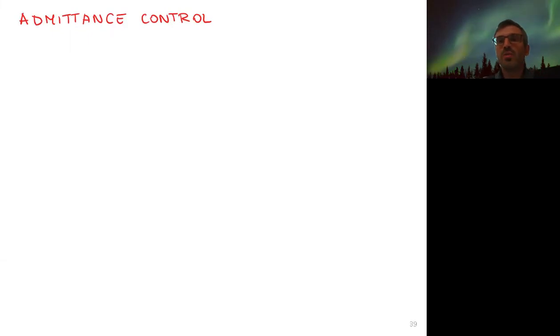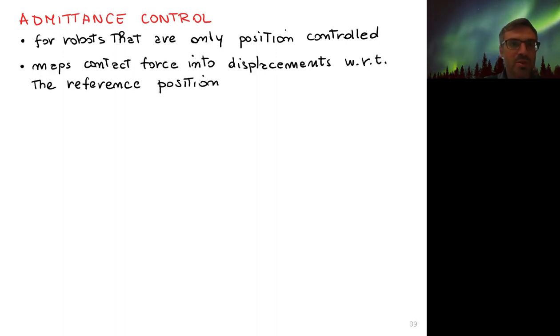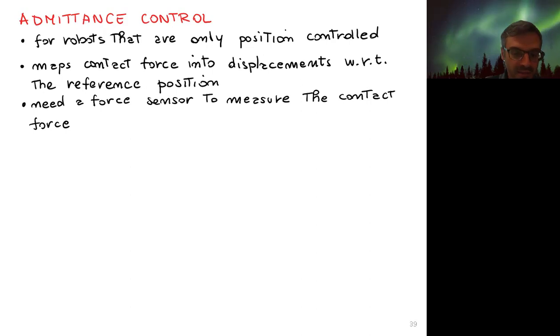So what can you do whenever you are in presence of interaction forces? In this case, researchers invented admittance control that relates contact forces to reference position commands. And these approaches always need a force sensor to measure the contact force.